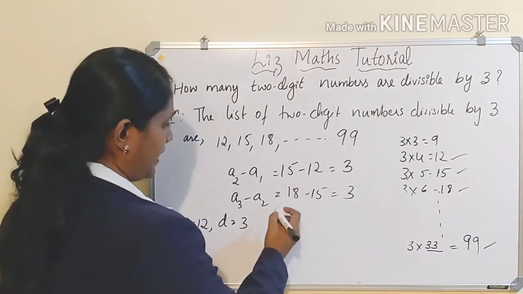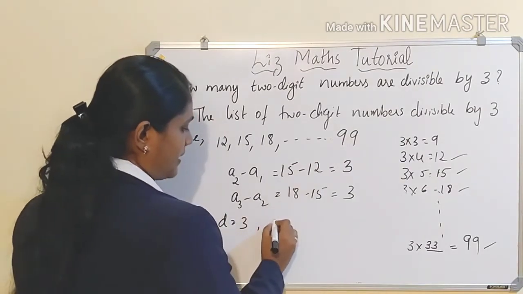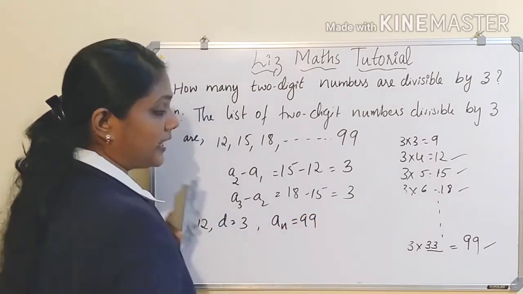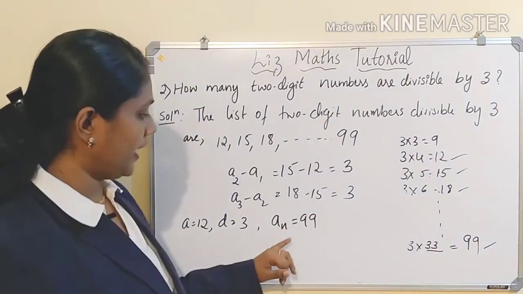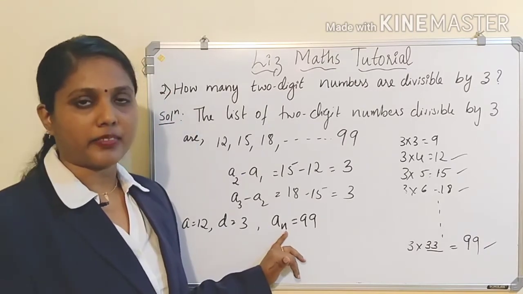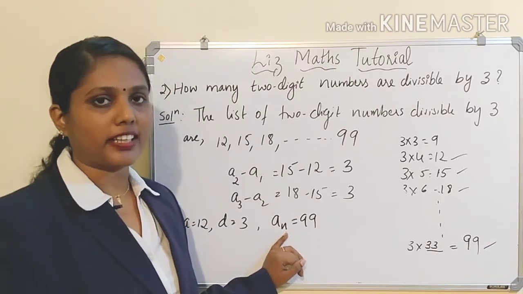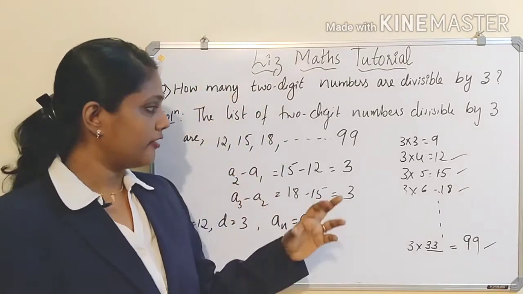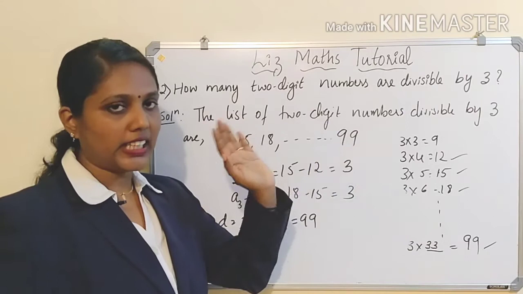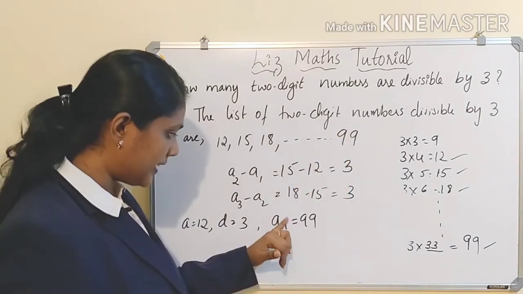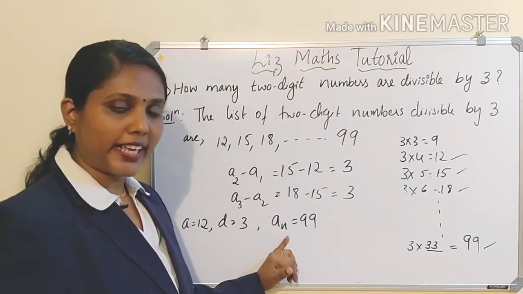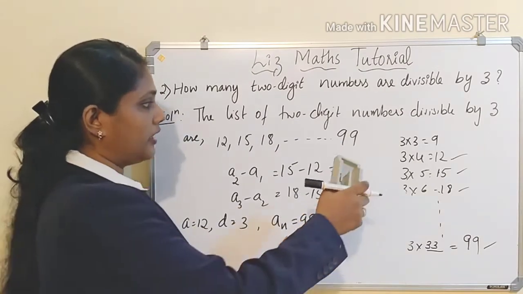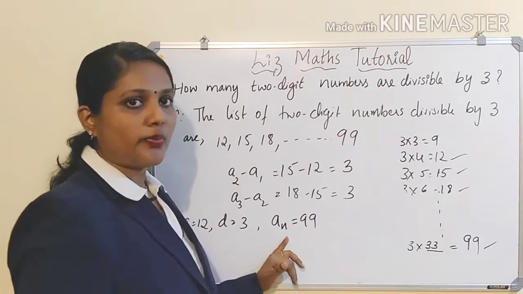So we can write that the last number, that is nothing but the nth term, is 99. We don't know what n is here. We have to find n, because we want to find out how many 2-digit numbers there are. We know that 99 is the last number, but we don't know which term it is, the place value of that 99.